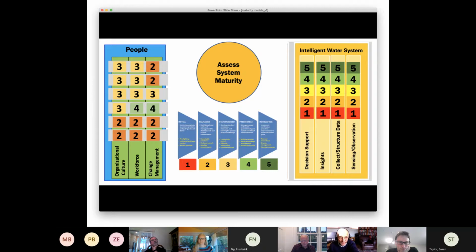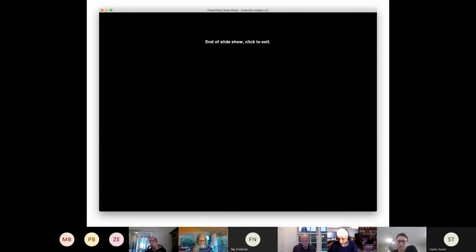We will do that on the left. With this other project that I'm engaged in, the WRF project, we're looking at the column on the right for the intelligent water system. So these numbers just indicate that for specific processes, we can identify how well we're doing, what our maturity is.